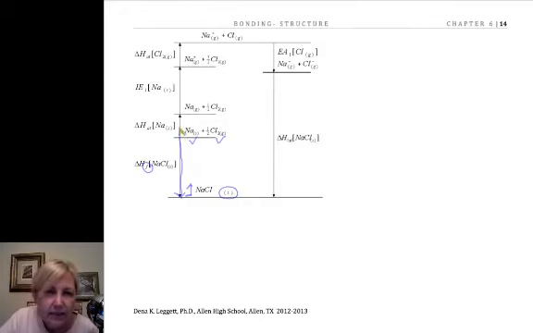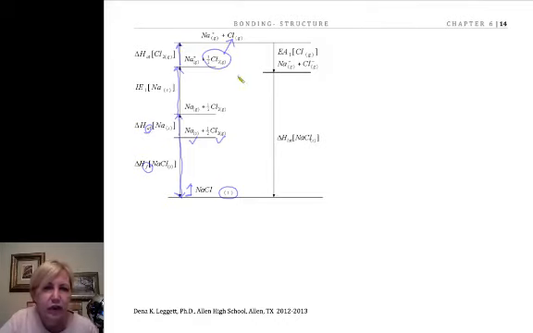Now, if we take sodium solid and go to sodium gas, this is called the atomization, but it's basically the sublimation of that. And then from here to here, we took sodium gas and made sodium ion. Okay? From here to here, notice what we did. We basically broke that bond.